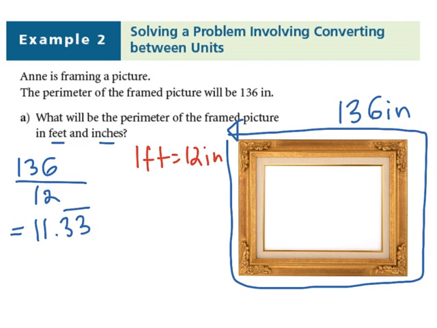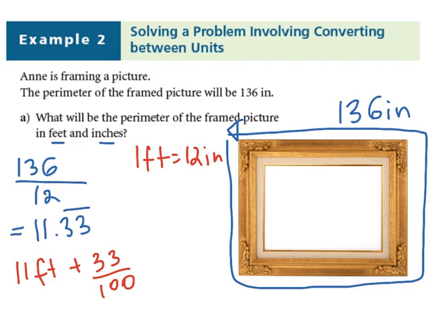And we have less than a foot. That means we have 0.333, which is a third, of a foot. And we need to convert this part into inches. How many inches of that exist?